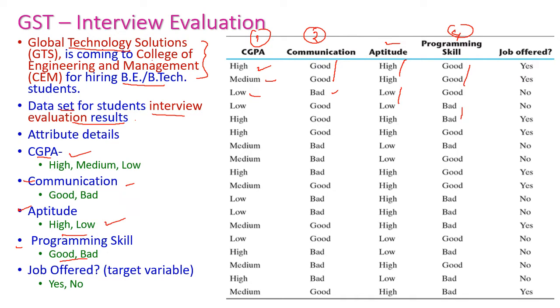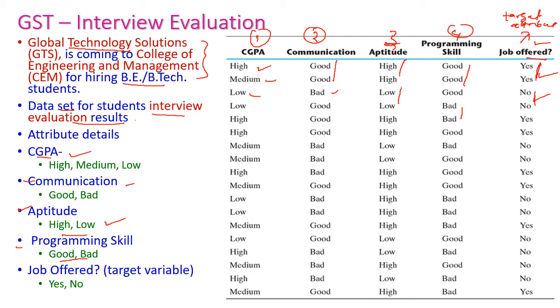Based on these four attributes, they will offer a job: yes or no. Hence, job offered is the target attribute. From this we can understand whether the particular student is getting the job in Global Technology Solutions or not.